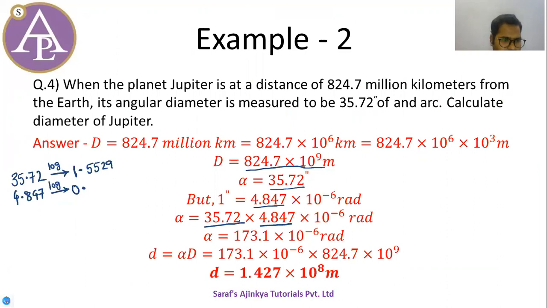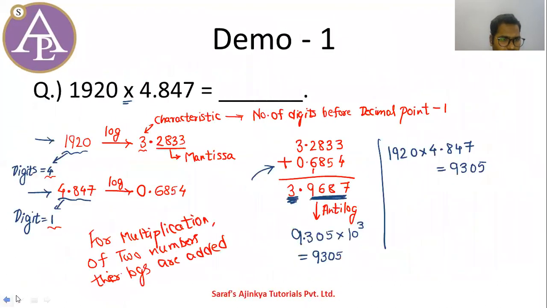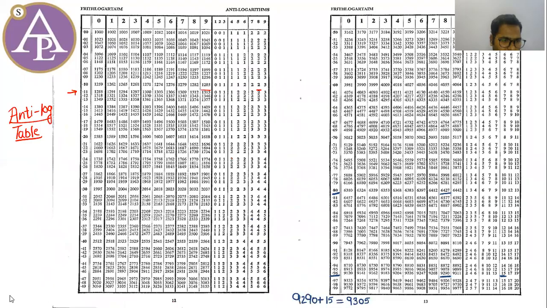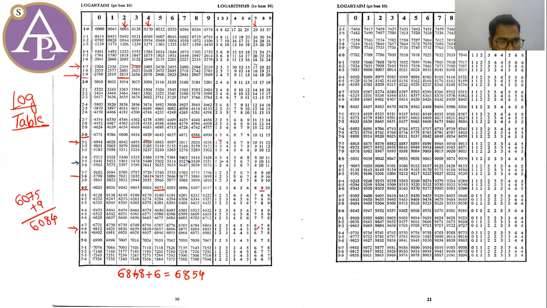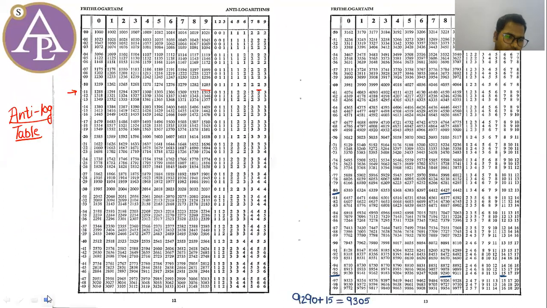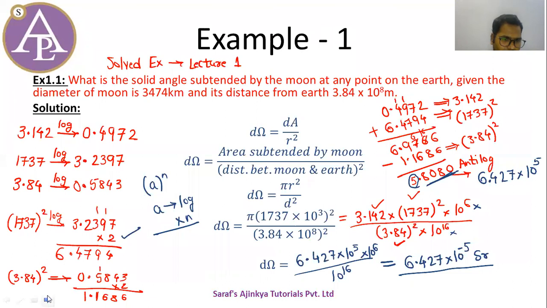And then 4847. I think we have already worked out the log of 4847 in this question. If you want to see again, you can also see 48. Where is that 48? Okay, this is 48, 48, 4. This is 4, and this is 7. Okay, 7. So 6848, 6848 plus 6. So it is 6854. 6854, correct. So that will be 6854.